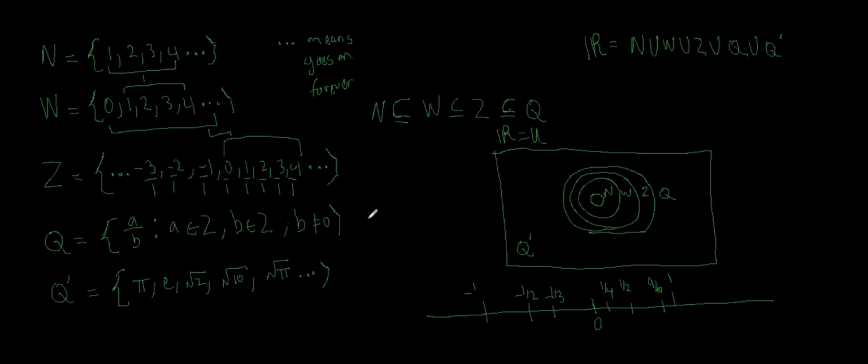One thing that you might see in some textbooks is that the set of integers could be split into the positive integers, denoted by Z positive, which is 1, 2, 3, 4, ... and the set of zero, and the set of negative integers, Z negative, denoted by ... -3, -2, -1, 0.